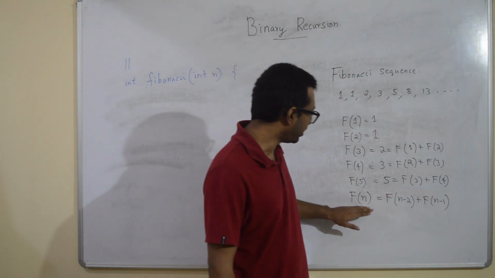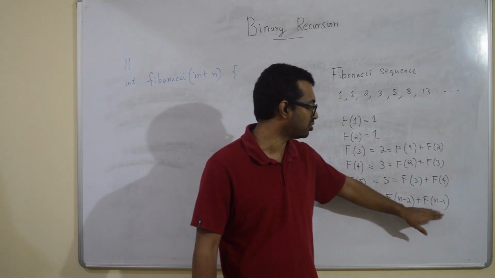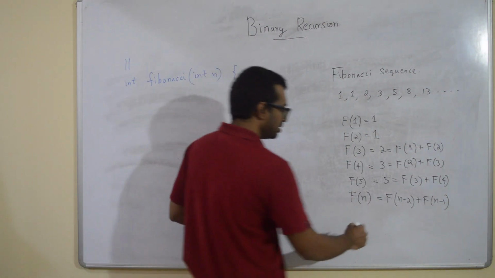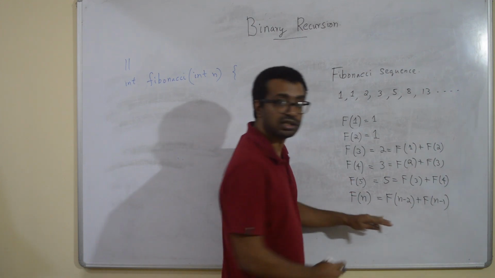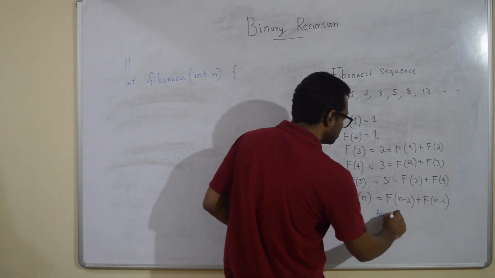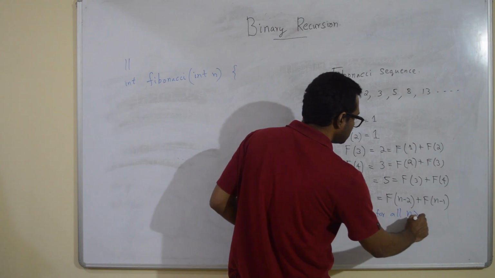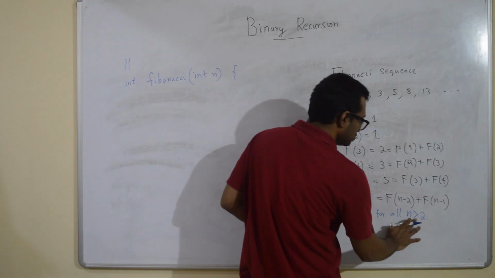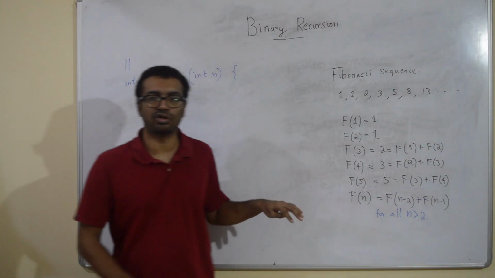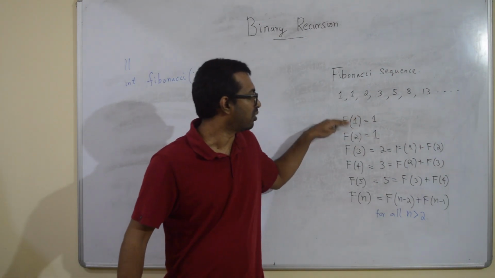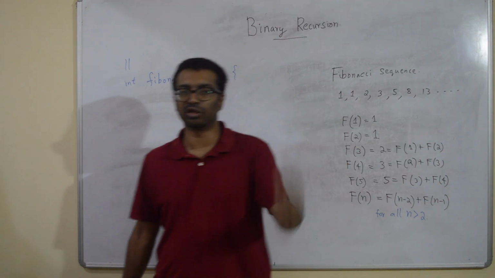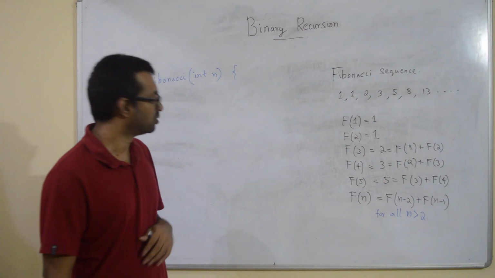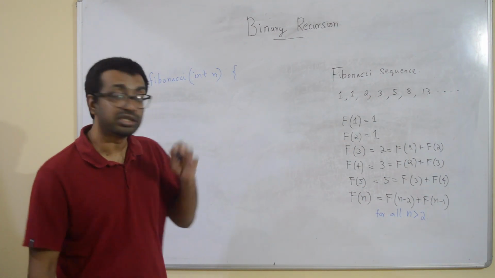As we see, f of n is equal to f of n minus 2 plus f of n minus 1, but this is for all n greater than 2. F of 1 and f of 2 do not depend on the previous values.